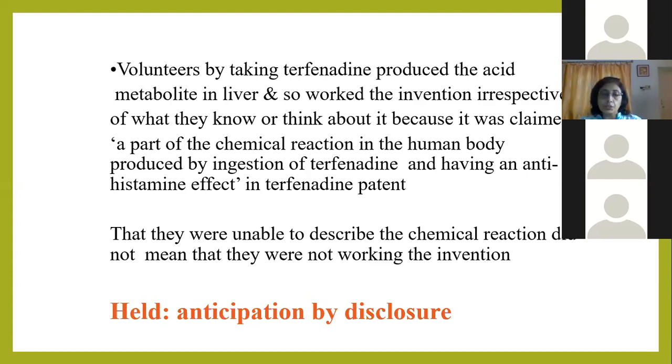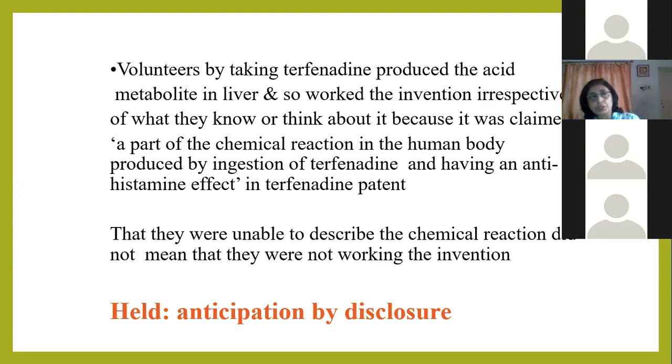So the first patent clearly said that a part of the chemical reaction occurred in the human body when the terfenadine is ingested, and that gave the antihistamine effect. So, in effect, the acid metabolite has been described in the prior patent.